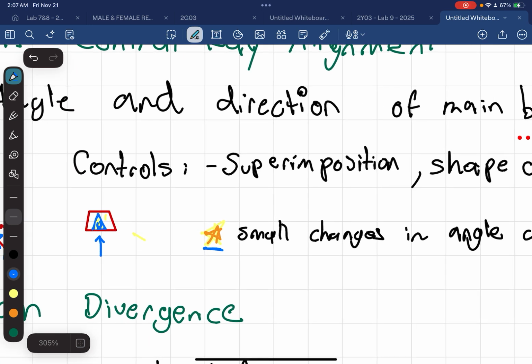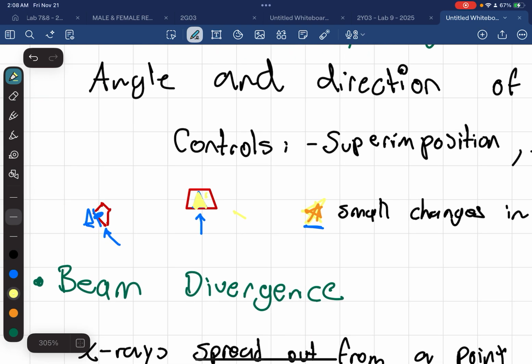What is superimposition? Basically it's something over another thing. So in this case, we have this triangle, and this yellow part is gonna be superimposing this back figure, right? So if we look at it this way, we'll say this is over this.